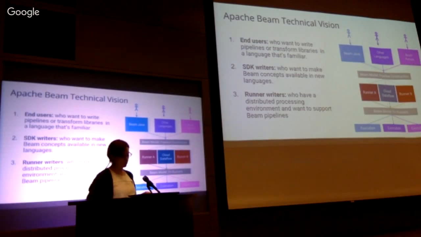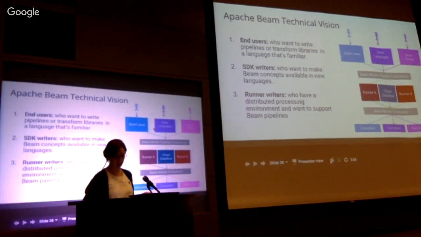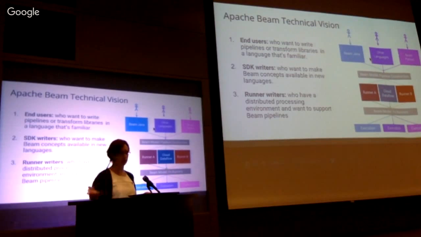We also want to support the SDK writers, the people who write these languages. Like, for example, we have Scala Dataflow contributed by Spotify. So Spotify wrote the Scala Beam SDK.